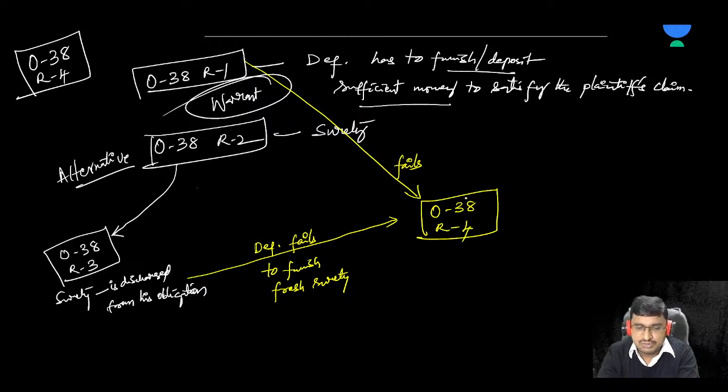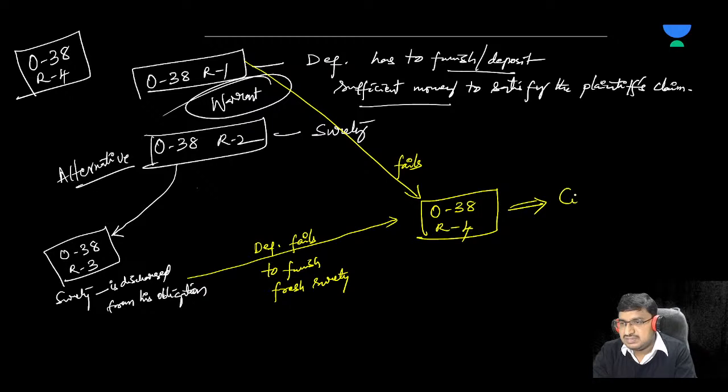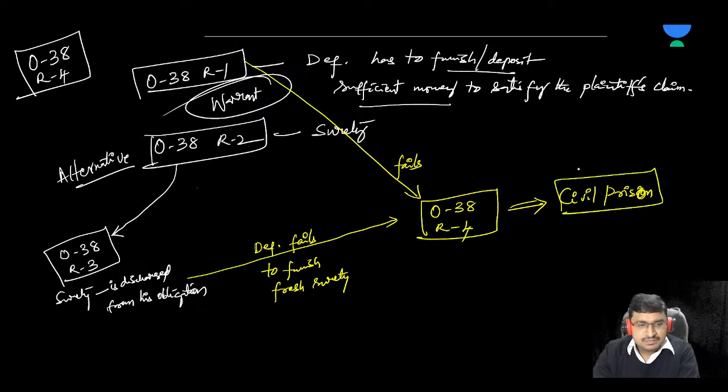where the defendant fails to comply with any order under Order 38 Rule 2 or Rule 3, then the court may commit him to civil prison until the decision of the suit, or where a decree is passed against the defendant, until the decree has been satisfied.